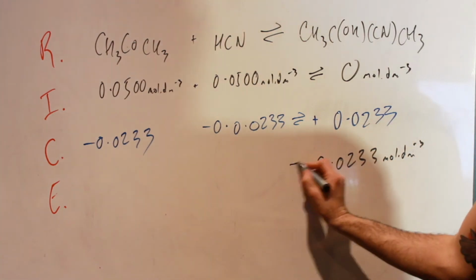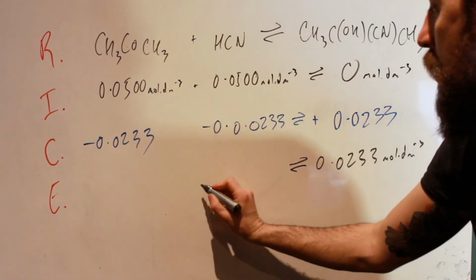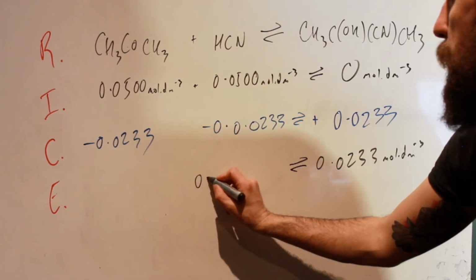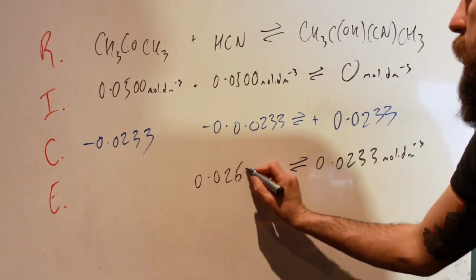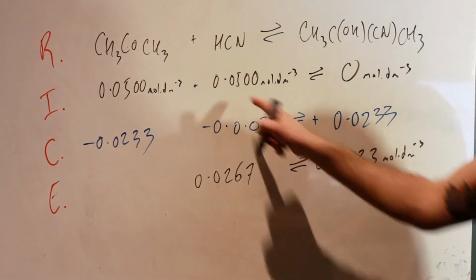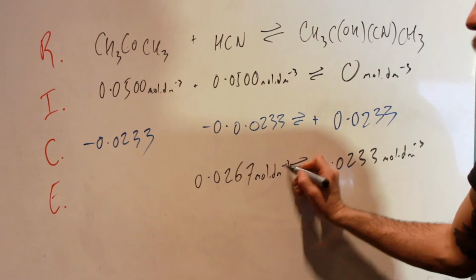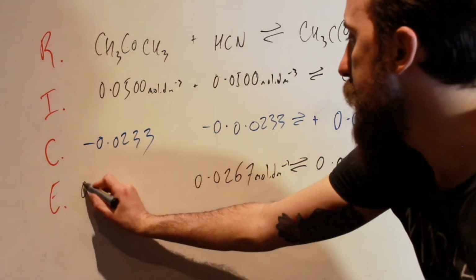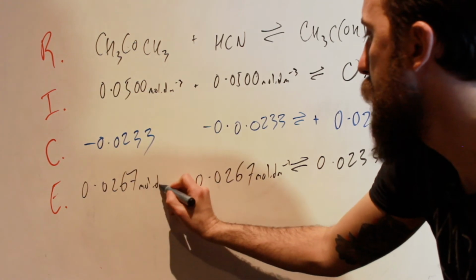So at equilibrium, my concentration of this one will be that minus that, which is going to be 0.0267. Yeah, that's going to equal 0.0500. Cool. And then that means that's going to be the same for this one here, 0.0267 moles per decimeter cubed.